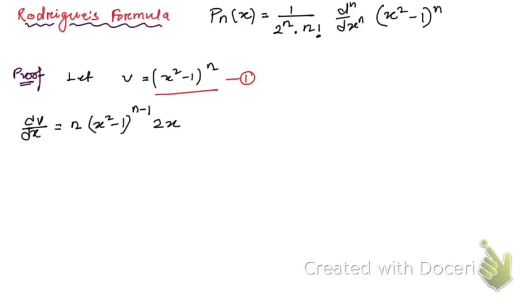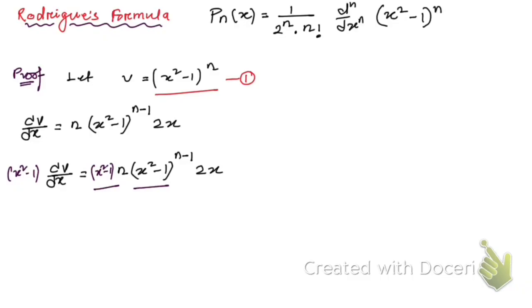First let me copy the same step. Let's multiply x square minus 1 on both sides. If you multiply these two terms, then here this power will be n, because here we have power 1, so 1 plus n minus 1 is n.